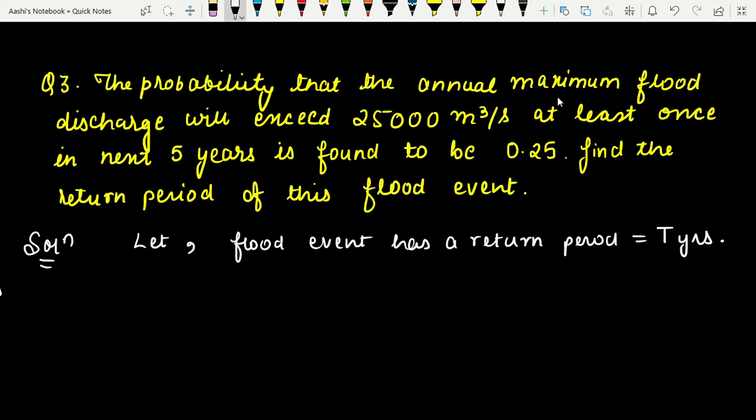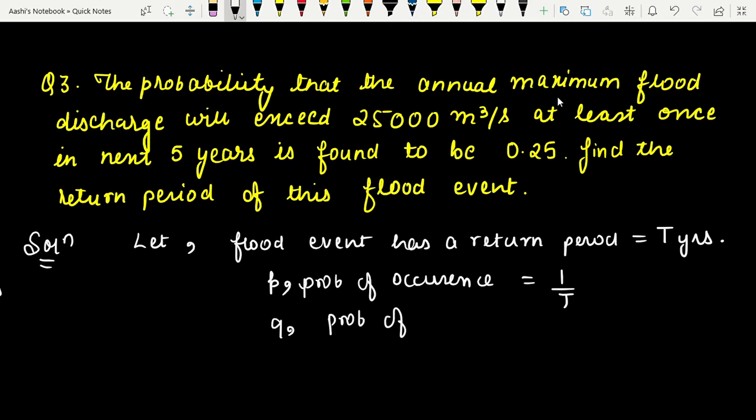So if a flood event of this magnitude has a return period of T years, that means once in T years this event is occurring. So I can say that the probability of occurrence is 1 by T, and this I am denoting with the letter small p. What will be the probability of non-occurrence, which I am denoting with the symbol q? Obviously it will be equal to 1 minus 1 by T.